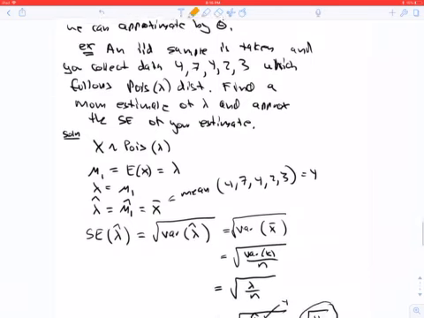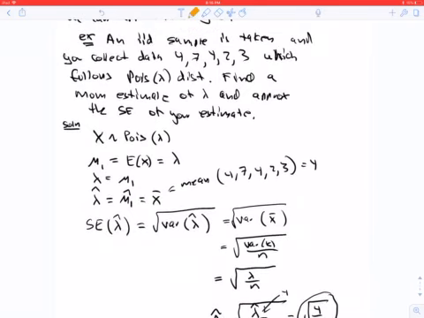So here's just a concrete example. An IID sample is taken, and you collect 5 data points, 4, 7, 4, 2, 3, which follows a Poisson lambda distribution. Find a MOM estimate of lambda and approximate the SE of your estimate.